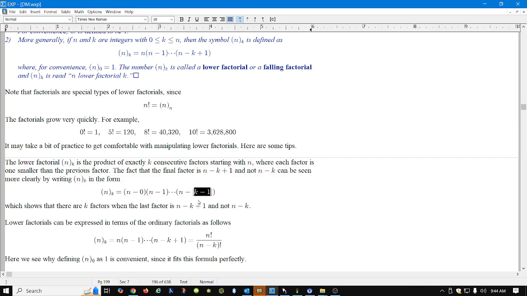And n minus the quantity k minus 1, of course, is n minus k plus 1. Okay? So if that went by too fast, you should pause and go over it again. It's not very deep. But it's important not to make the mistake that I see students make quite a lot, and that is to think that this is correct. It's n minus k plus 1.